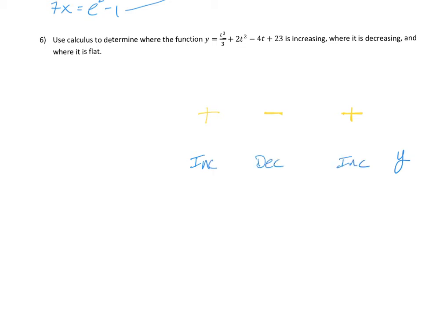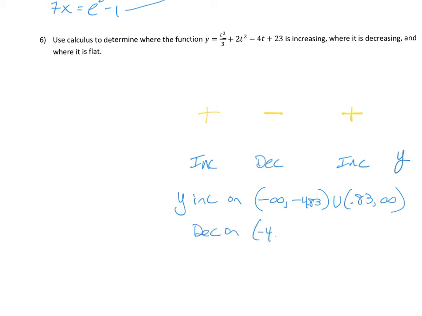So y is increasing on the interval negative infinity to negative 4.83, unioned with 0.83 to infinity, and then it's decreasing on negative 4.83 to 0.83.